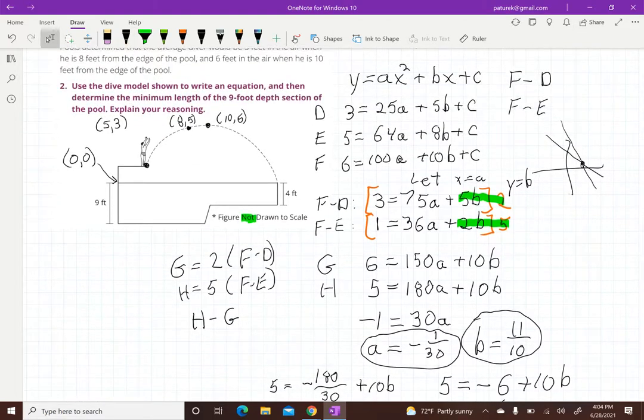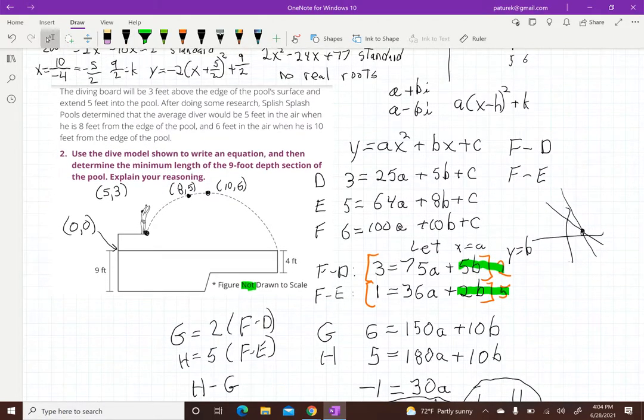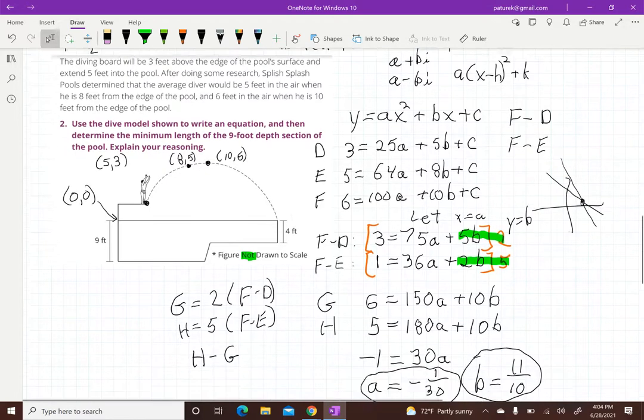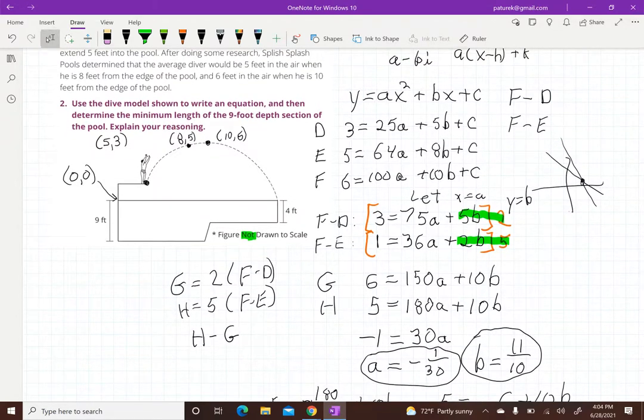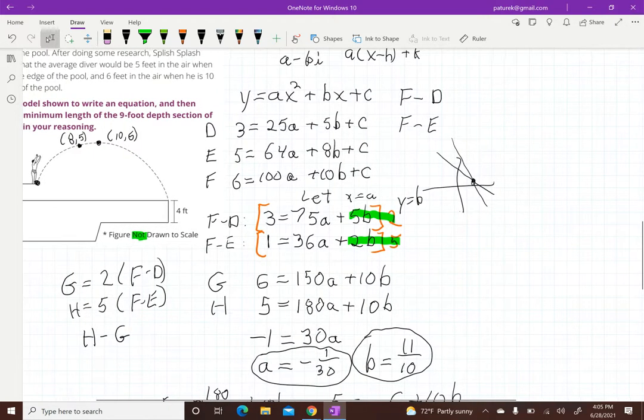Now I plug these back into equations D or E or F to solve for c. I think equation F looks like the easiest one. So let's say that 6, this is equation F, 6 is equal to 100 times negative 1 over 30 is negative 100 over 30. Imagine that is a minus sign there.